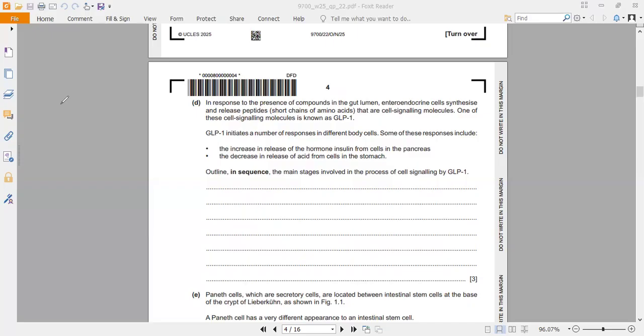So we will write the sequence because it is of 3 marks. So it needs a little bit more words to write. So GLP-1 is released from enteroendocrine cells.